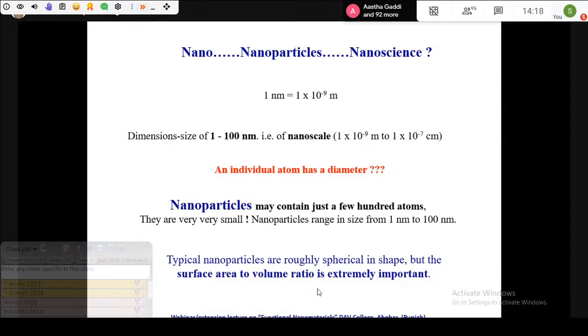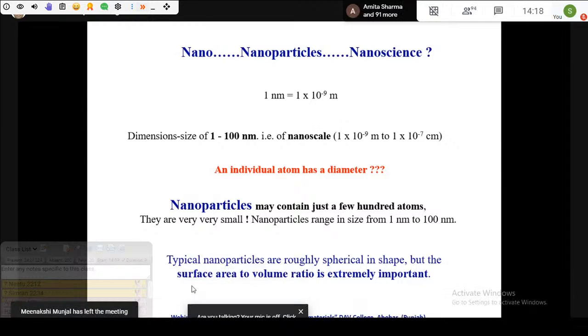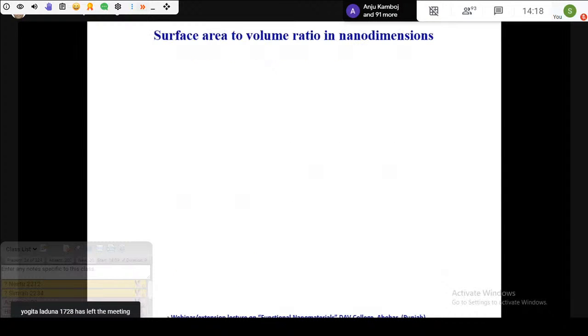So first we'll see this, because generally we always hear that at lower size or nano size the surface area is greater, but how? Because I also interact with PhD and PG students, and many times I found that they know very well the surface area is decreased or increased when size is changing, but exactly how it matters, sometimes they don't understand.